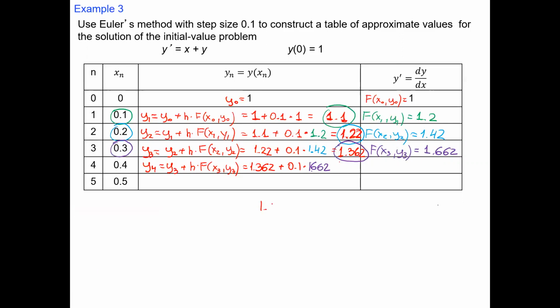I will put this 1.362, and when I take the purple value 1.662 multiplied by 0.1, the decimal point will go to the left. Okay, that means this value is 1.5282.